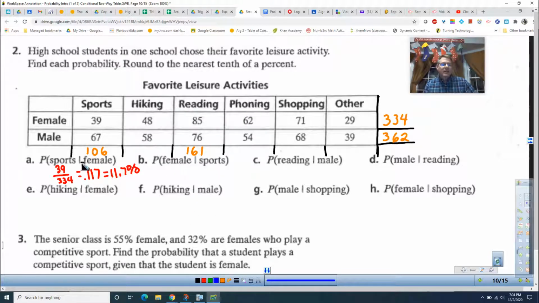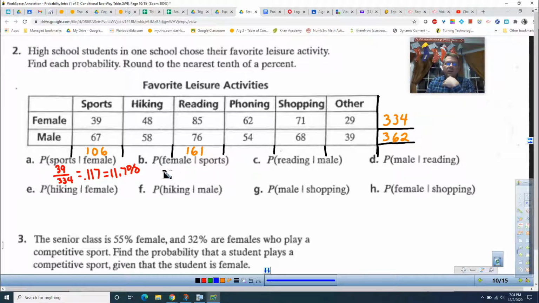Okay. Now B, what about B here? This is exactly the same two things, but now they've reversed it. They said, now, given that you know that they're into sports, what's the chance that they're female? Okay, so now we're only dealing with 39, 67, and 106 because we're given that they're into sports.